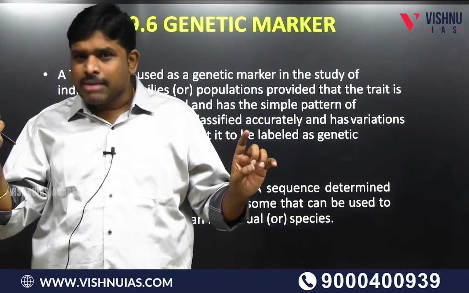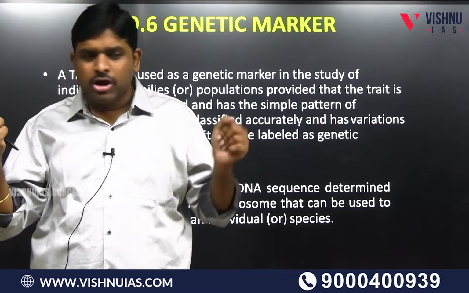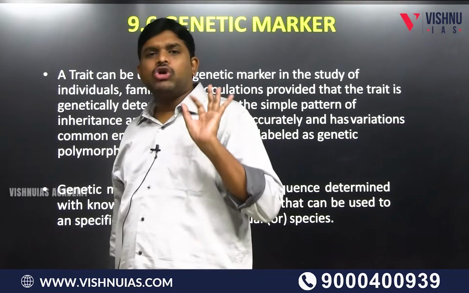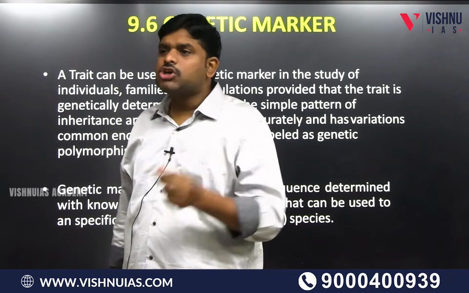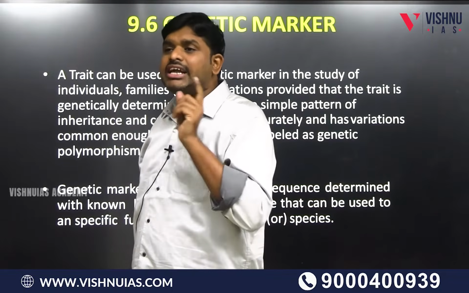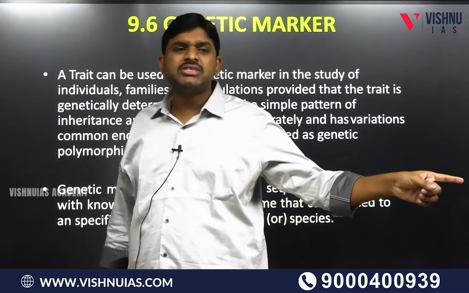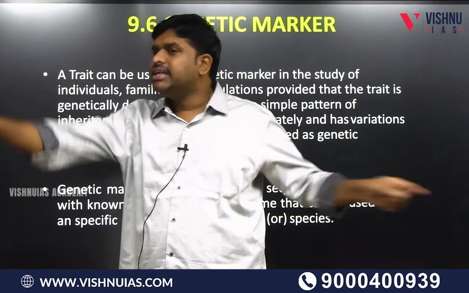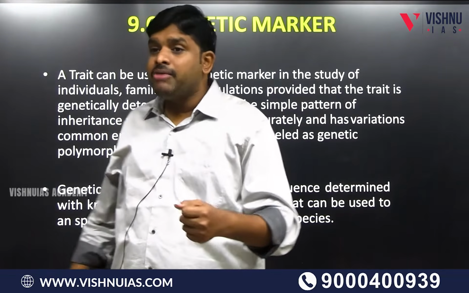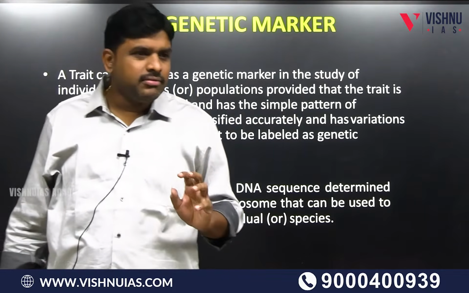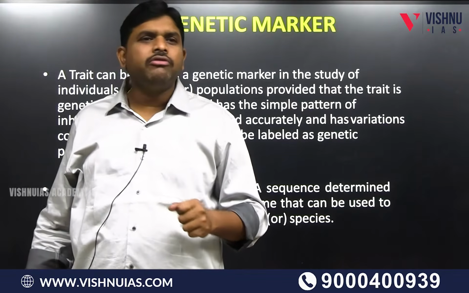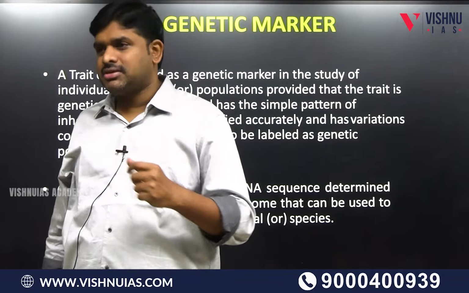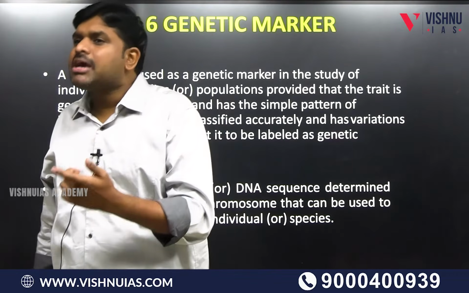This is very, very important. The outcome which is coming out because of a gene is called a genetic marker. The genetic marker is because of the information which is present in the gene. Sometimes we become angry with some people. When they become angry, why are they becoming angry?